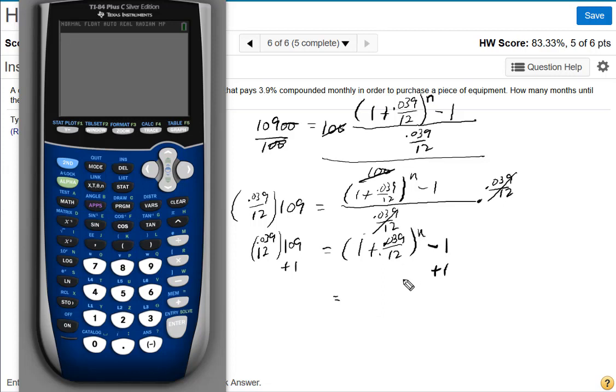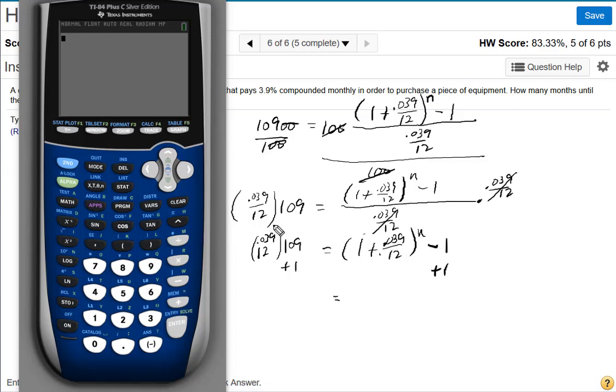Now, we're going to be converting this to logarithms, so we'll go ahead and do these calculations and store them using the store feature of our calculator. And I'll show you how to do that.